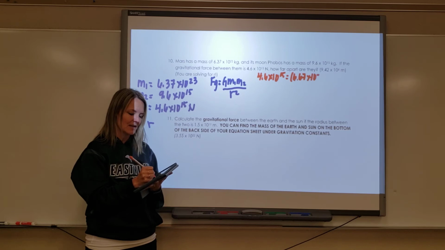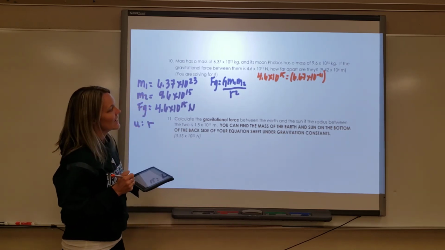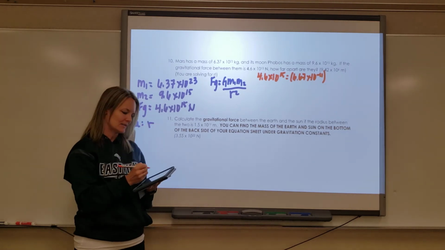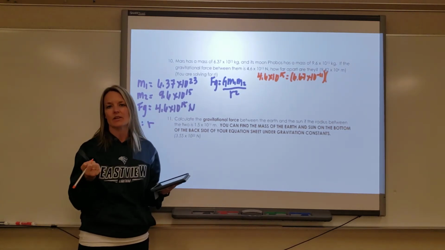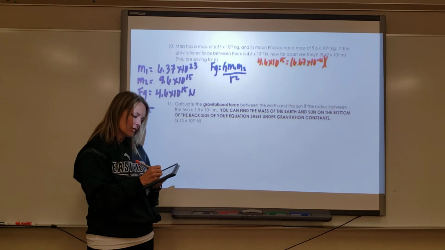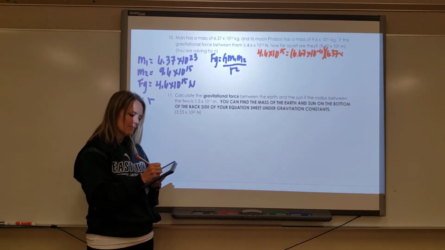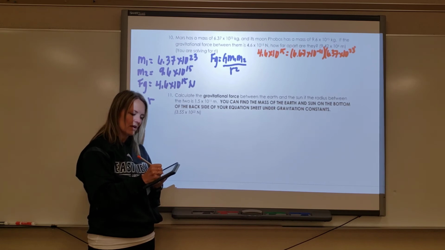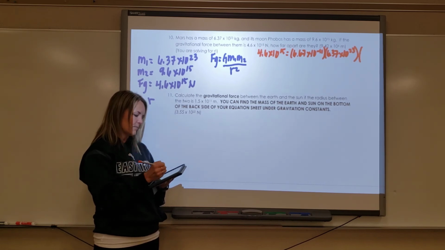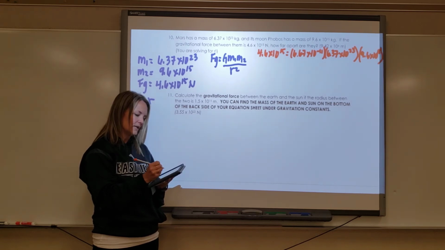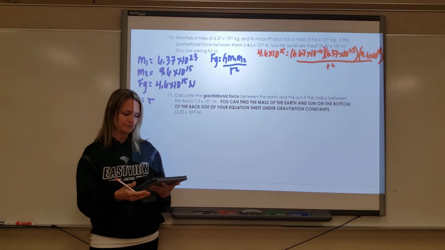6.67 times 10 to the negative 11. Times mass 1 times mass 2. So I'm going to put both the masses in there, which means we just have a lot to type into our calculators. 6.37 times 10 to the 23rd, also multiplied by the mass of the moon, 9.6 times 10 to the 15th, and that is all over R squared.